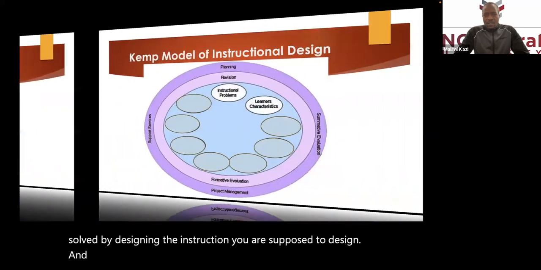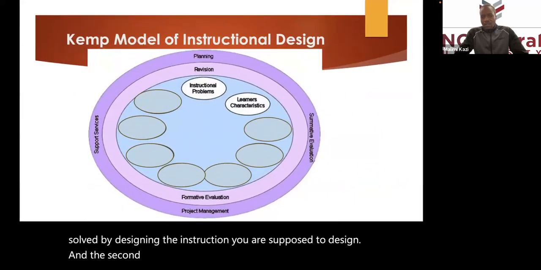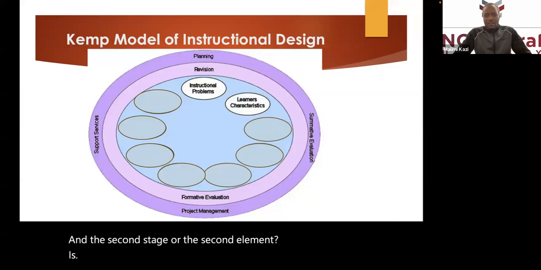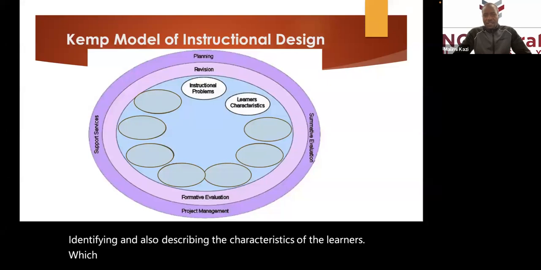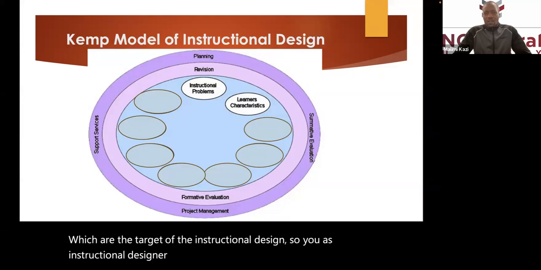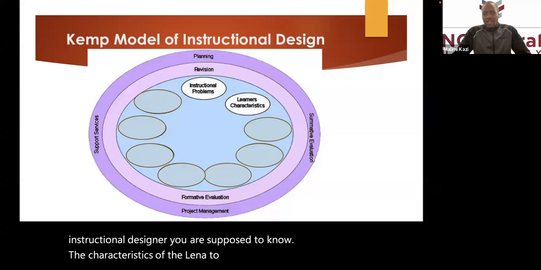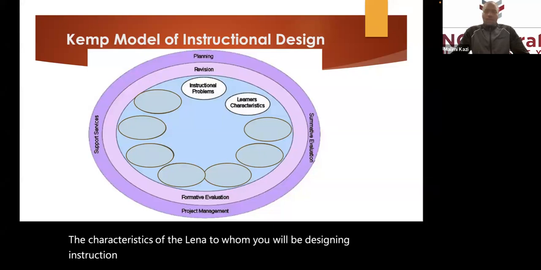And the second stage or the second element is identifying and also describing the characteristics of the learners, which are the target of the instructional design. So you as instructional designer are supposed to know the characteristics of the learner you'll be designing instruction for.